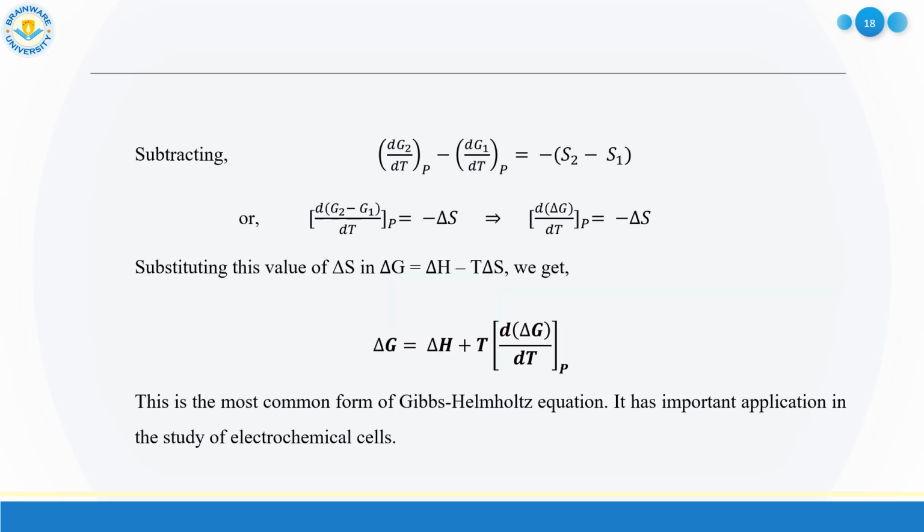Now by subtracting, we will get d of G2 minus G1 by dT at constant P is minus delta S. So if we substitute the value of delta S in this equation, we will get this beautiful equation called the Gibbs-Helmholtz equation. It has important implication in the study of electrochemical cell.